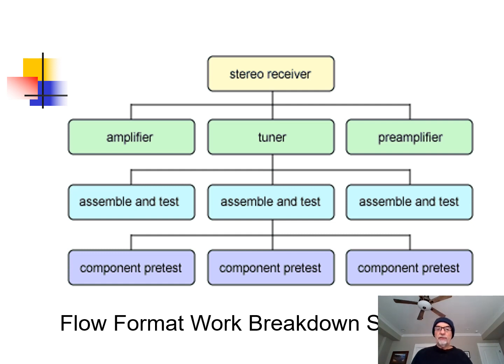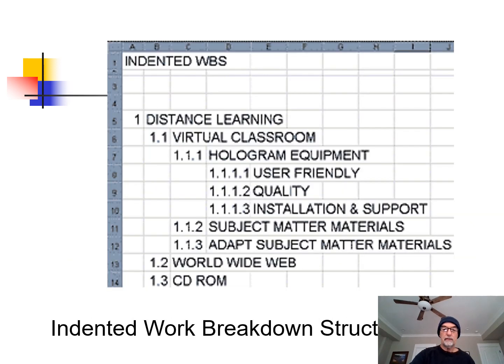And then each of those need assemblies, and then they need components. So what you're doing is breaking your project down into all of its elemental parts that can then be assigned to team members. They can be costed out, and they can also be sequenced and put into a schedule.